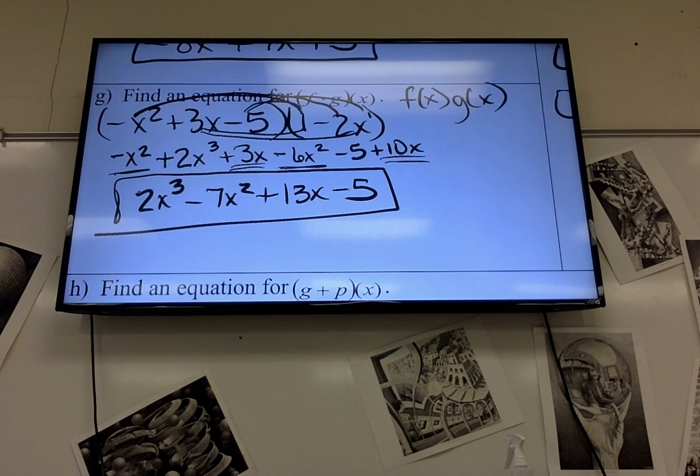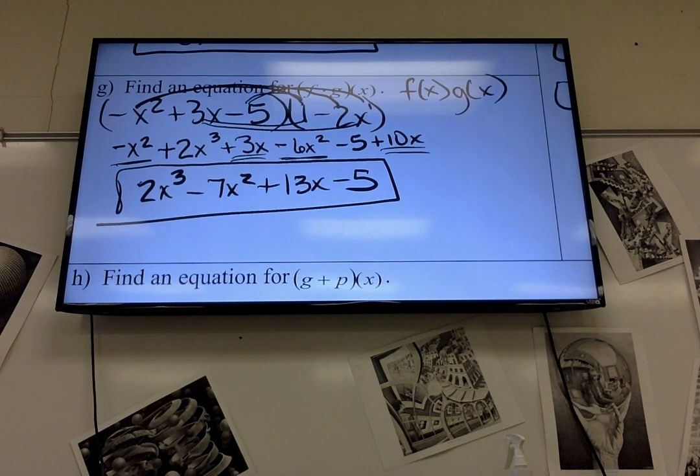Did we talk about bow tie method in here yesterday? Okay, cool. We'll talk about it today then. One part each. We're adding 2 on h, so g plus p of x just means g of x plus p of x.